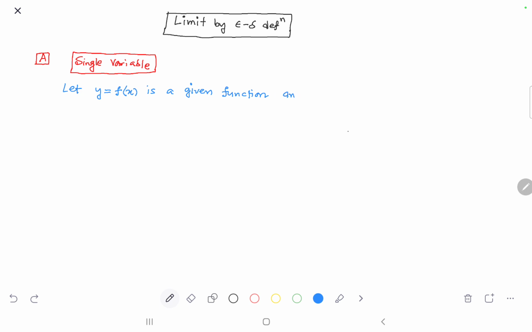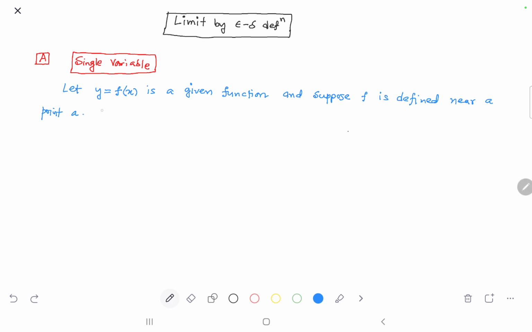And suppose f is defined near a point A. Okay, Mayan? Yeah, fine. All right. We have a function y equal to f(x), and the function f is defined near a point A.